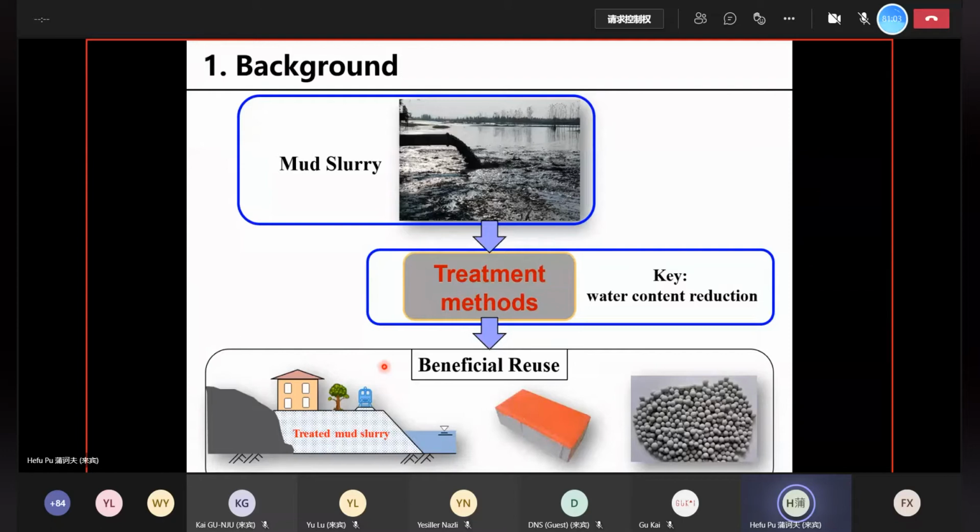For example, we can turn it into fill materials for construction, for instance, embankments or levees or dams. We can also make bricks for pavement, for example, and people have also tried to make ceramics. And the key for the treatment here is how we can reduce the water content effectively and efficiently.